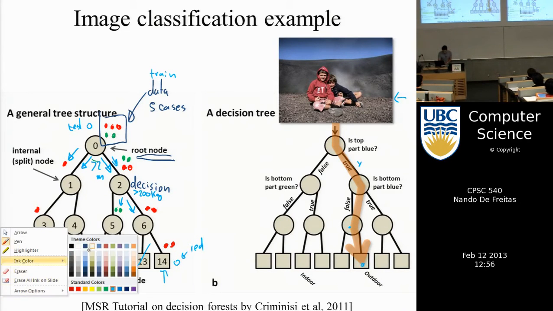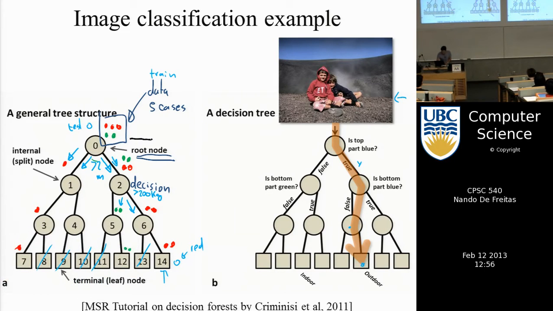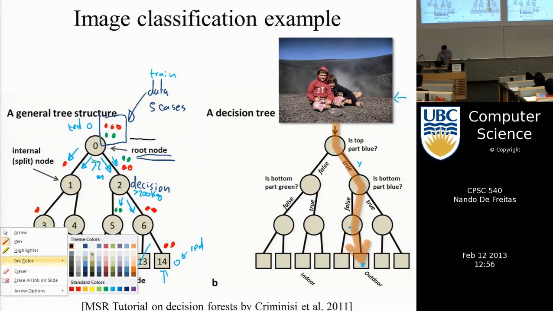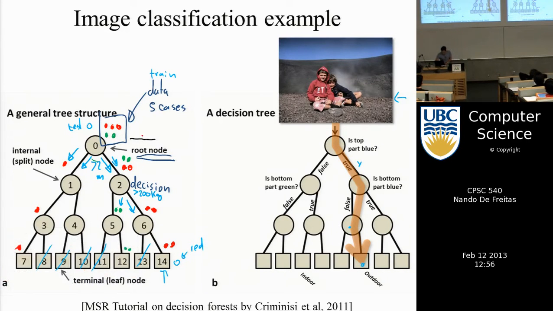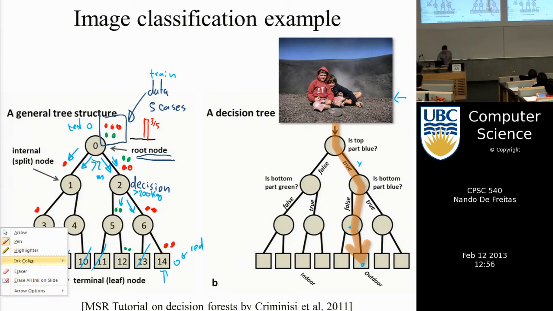you can think of a histogram here where you would have 3 out of 5 red cases, and where you would have 2 out of 5 cases.